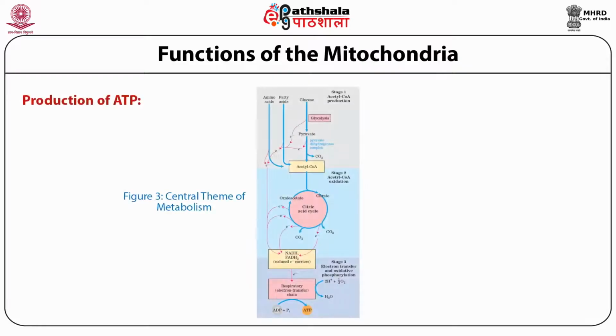The various roles of mitochondria, the most important being the production of ATP. ATP is synthesized in the mitochondria through the process of oxidative phosphorylation.